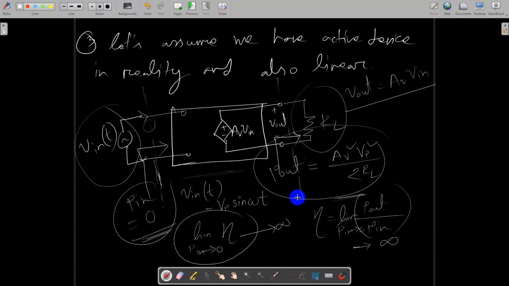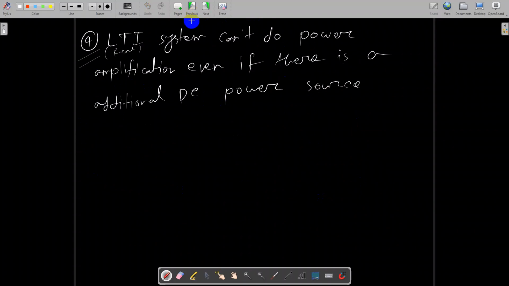It's our ideal wish, our ideal goal, but it's not the actual real model. We want to make the real one, not this ideal one. I think everyone is clear now. Number 4: LTI system can't do power amplification even if there is an additional DC power source. Let's see this point.